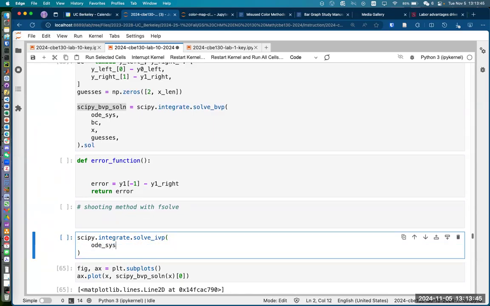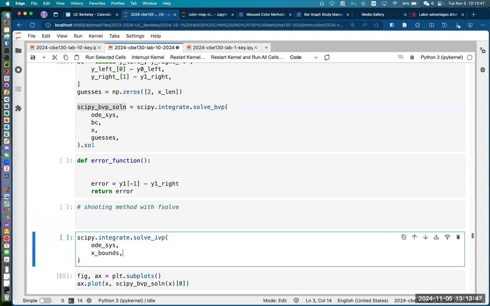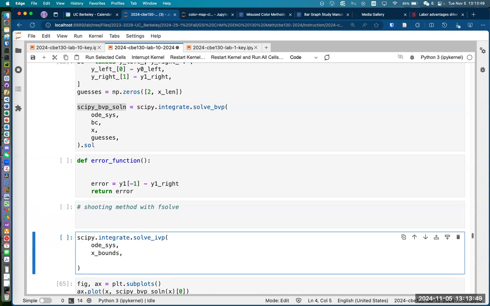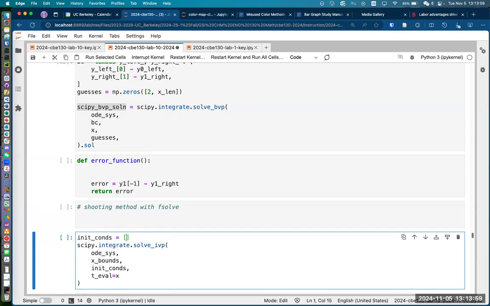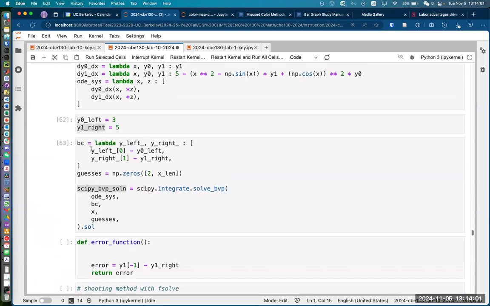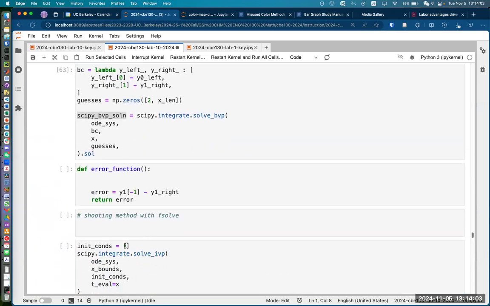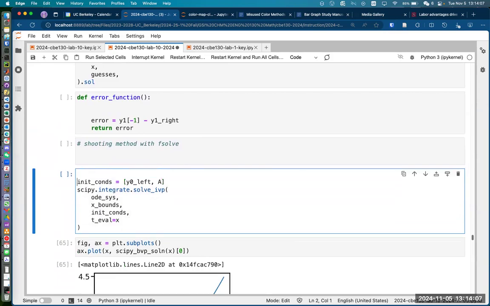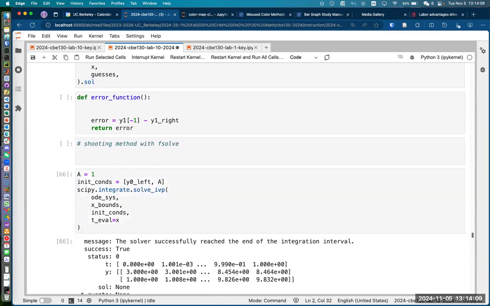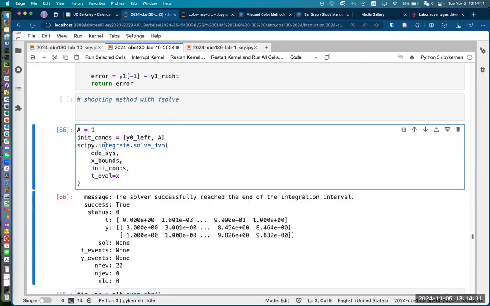Give it the system, the X boundaries, the initial conditions, and t eval is X. And here the initial condition will be the left boundary, which is y0 left, and our guess A. So for example, if I have A is equal to 1, it should give us the answer. And store this as ODE solution.